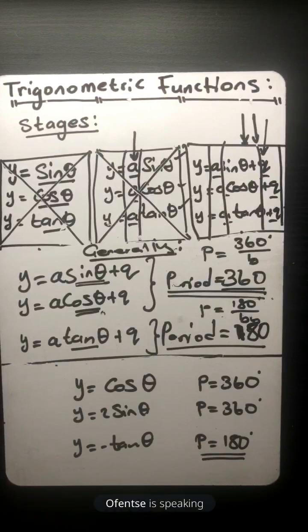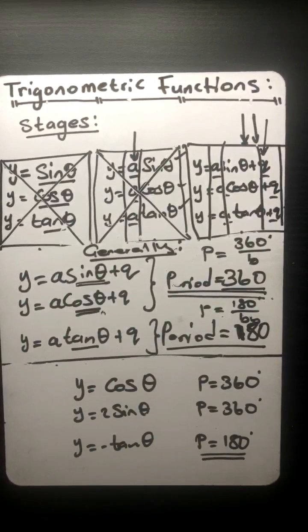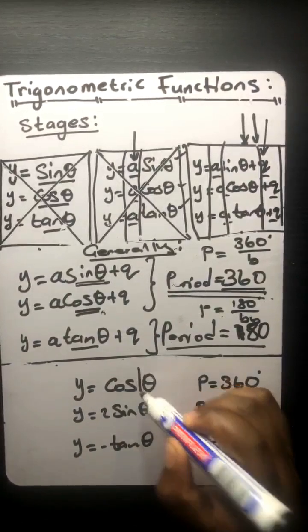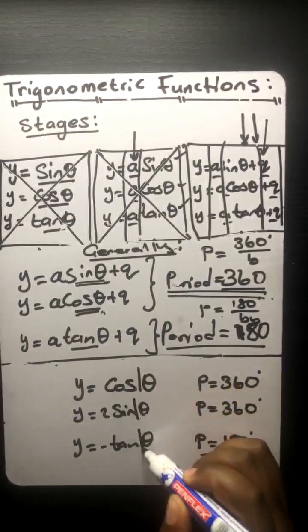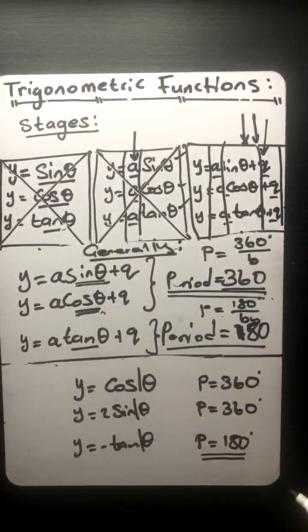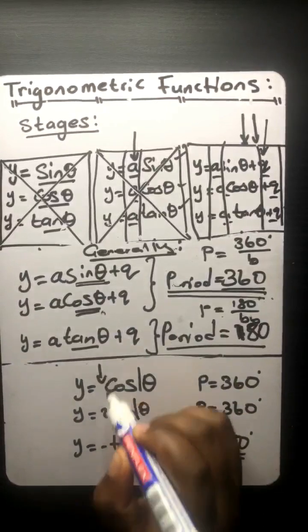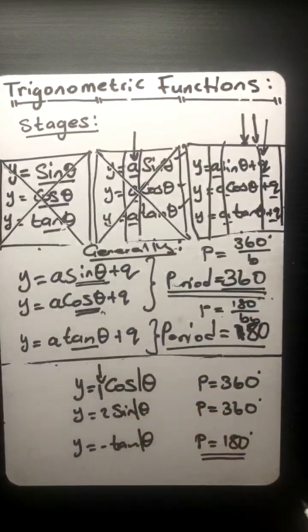The value of B is 1. 100%. The value of B is an invisible one. It is there, but you won't see it. The value of the amplitude is also an invisible one there.